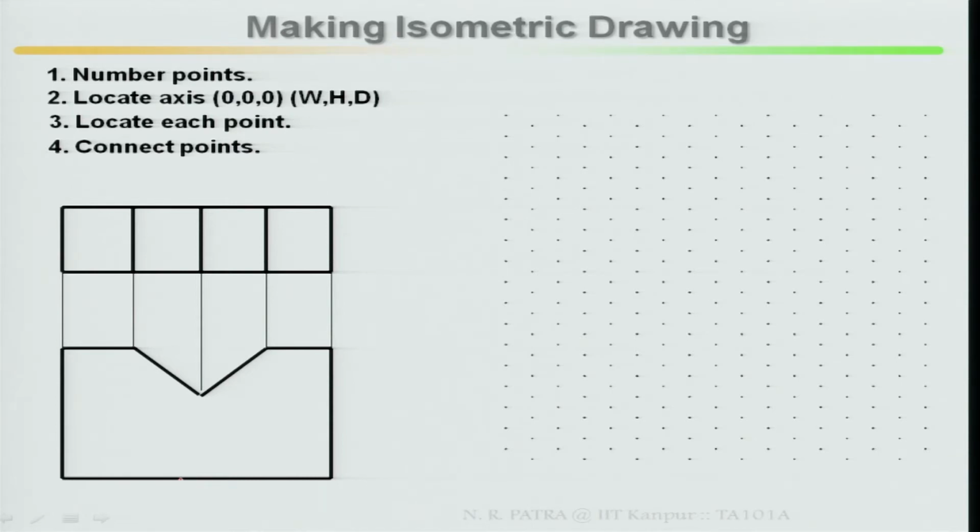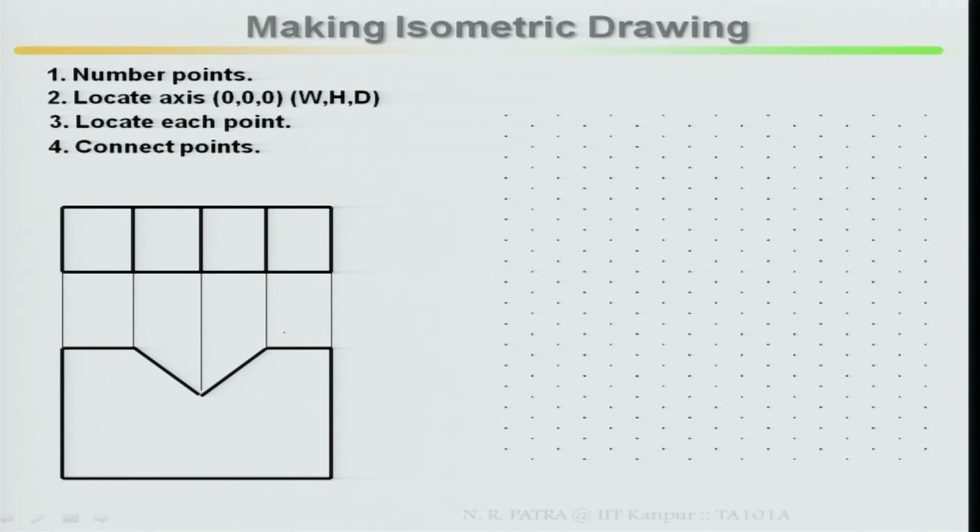This is your first understanding. If you locate these points in your isometric box, and you know the distance, then very easily you can locate in the depth direction where these points are lying.